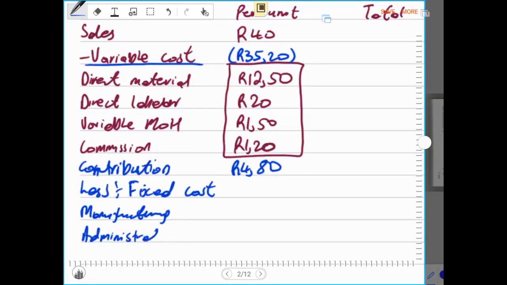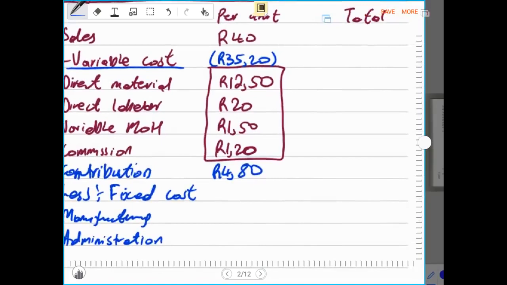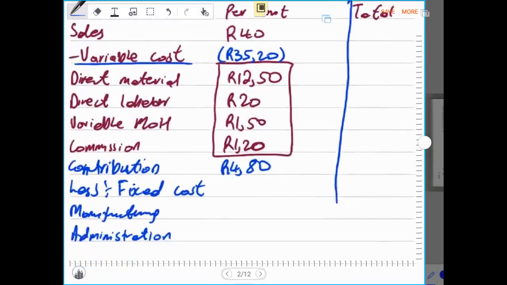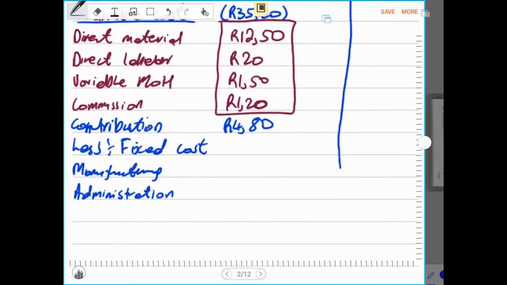Remember we are under the total column now, don't forget. Now our administration cost went up to 16,500 and our manufacturing cost remained at 30,000.